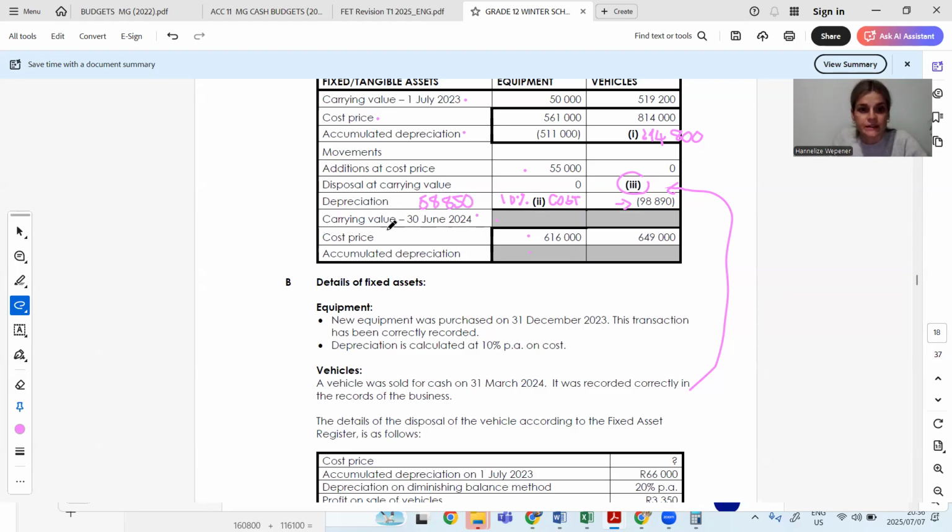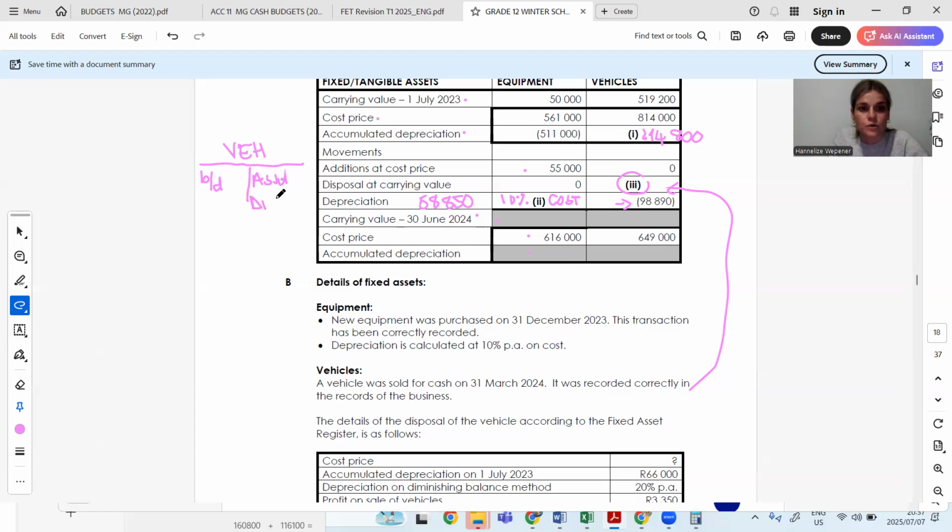Because remember, this is basically your T account. So they are saying that this is your vehicles account. Vehicles. And that's why I started off with the basic understanding of your note. So you started with a balance brought down, and that's your 814,000. Then you had your asset disposal. This is now the one that we are trying to calculate.